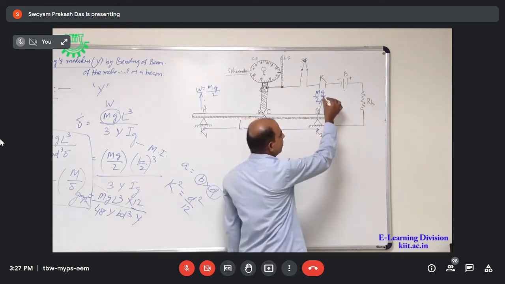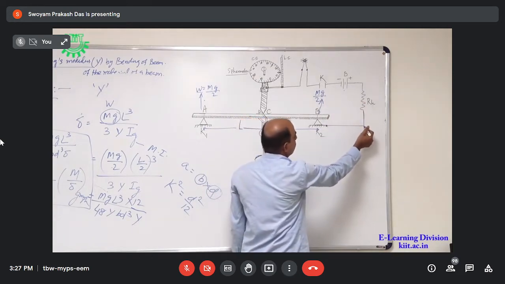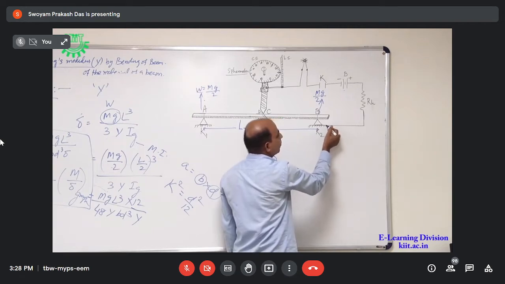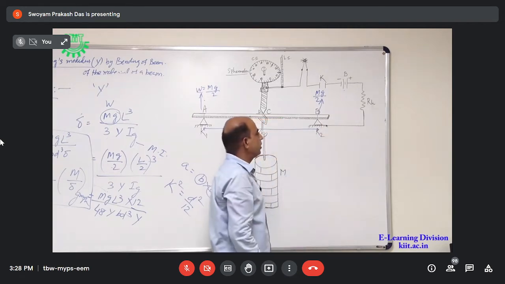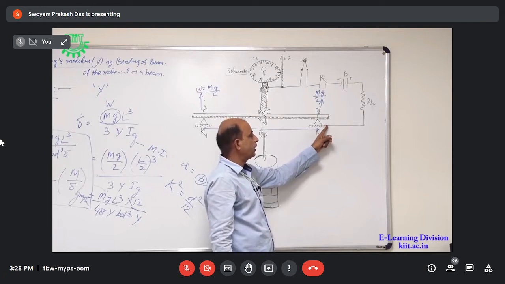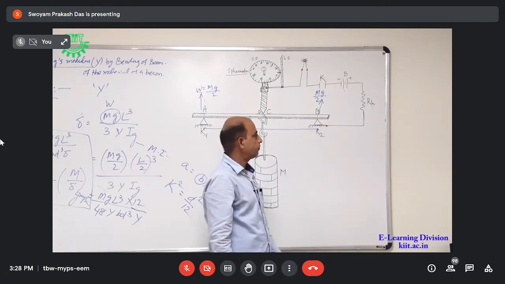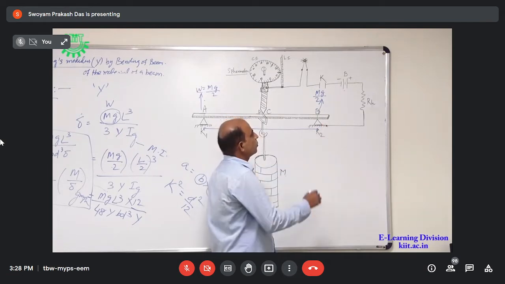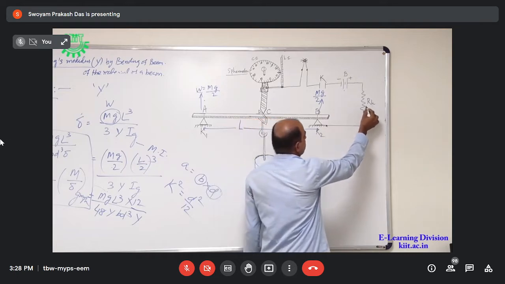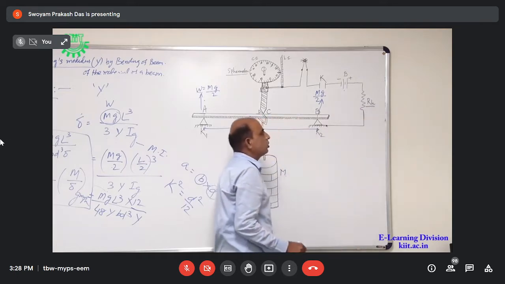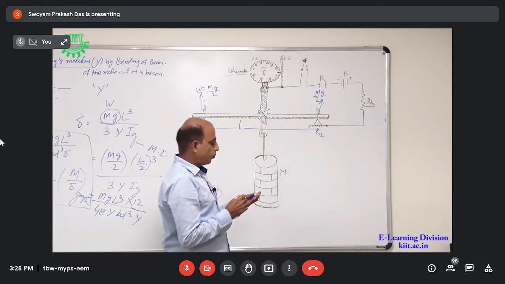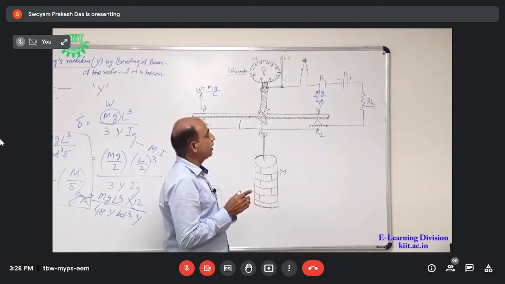The other end of the circuit is connected to the beam or the bracket or the knife edge. There is a resistance given to see the proper glow of light, or proper current passing through the circuit.